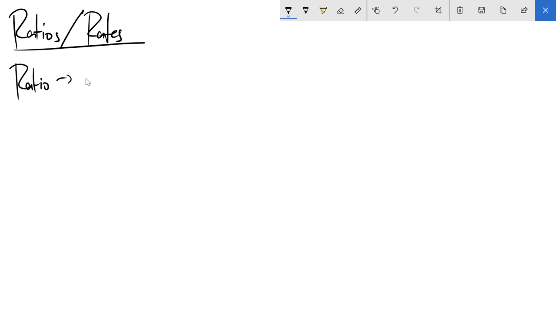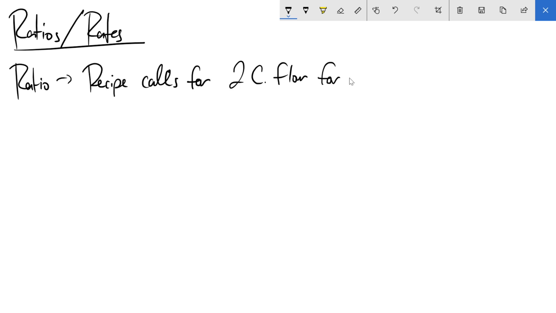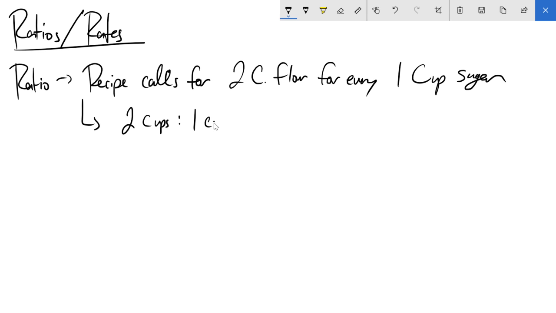Let's say a recipe calls for 2 cups flour for every 1 cup sugar or something like that. So this is a ratio. The ratio here is what? It's 2 cups to every 1 cup, right?